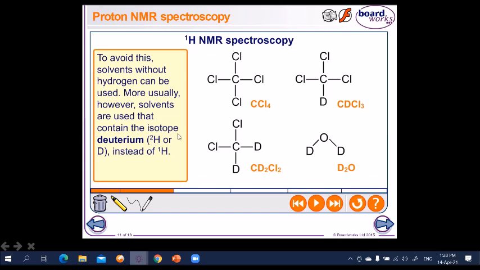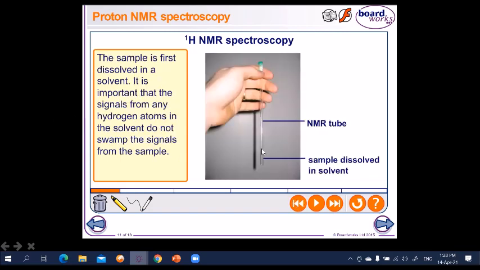We usually call that isotope of hydrogen D, so that we don't have to keep writing 2H, but it's another isotope of your normal hydrogen. So we will be using solvents that have deuterium instead of hydrogen. That's what has been put in here.